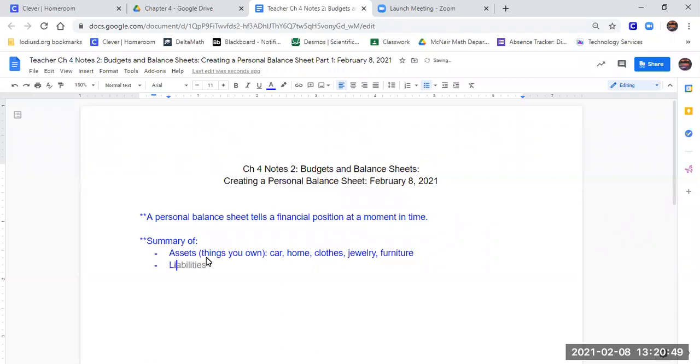Then we have our liabilities. What are the liabilities again? Things we owe. And what could be some of those things we owe?